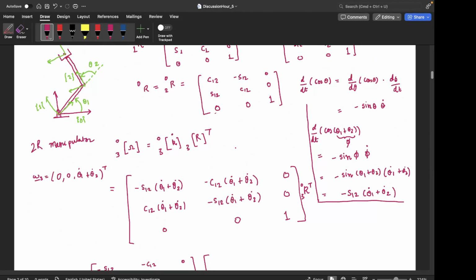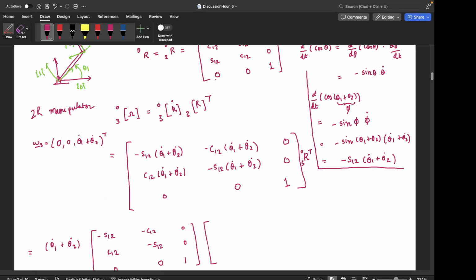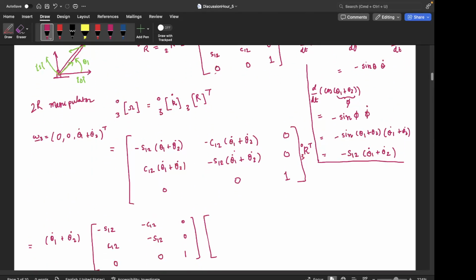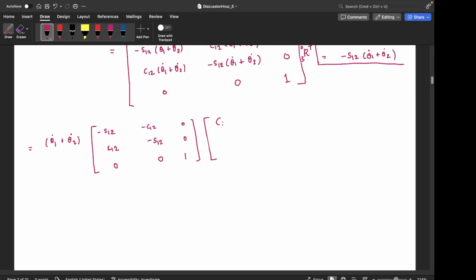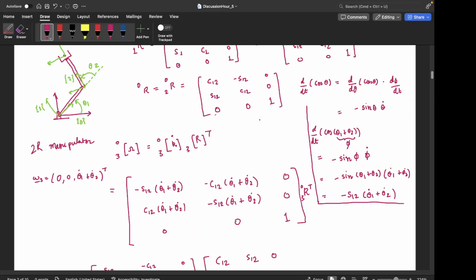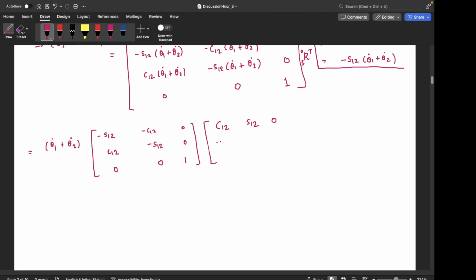Okay, and the transpose, right? So the transpose is c12, s12, 0, and this would be minus s12, c12, 0, and 0 0 1, right?